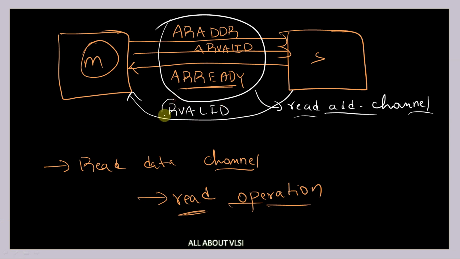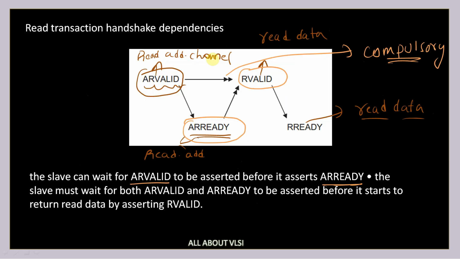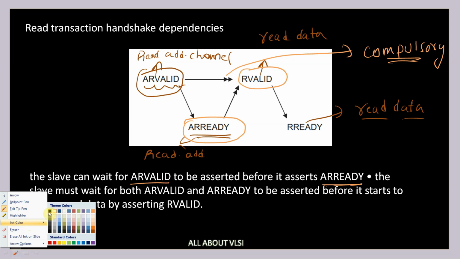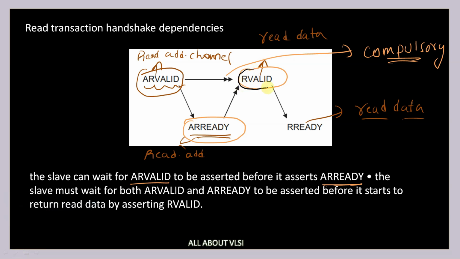This R valid signal must wait for the assertion of the AR valid and AR ready signals. Until your AR valid becomes 1 and AR ready becomes 1, your R valid is not allowed to become 1. This is the major condition we need to follow.